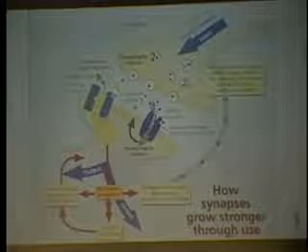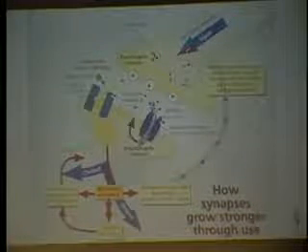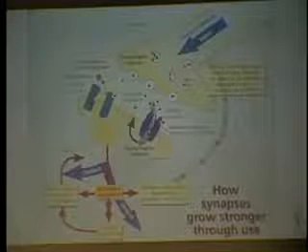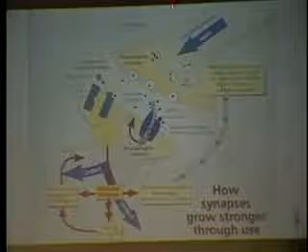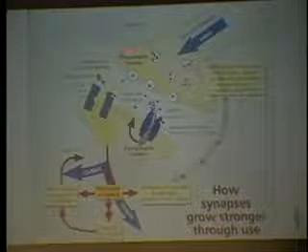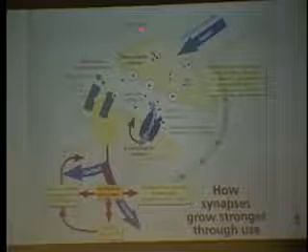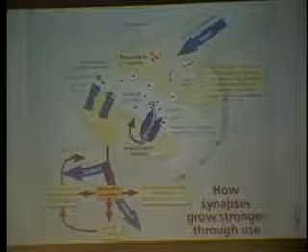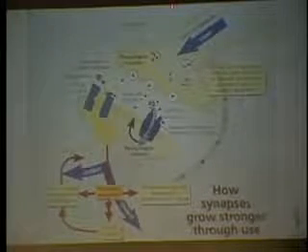And this just shows how synapses grow stronger with use. You have the electrical impulse coming down. Here's your presynaptic terminal. Here are your vesicles filled with transmitter. The calcium will run in. These are glutamate, so that you've heard of glutamate. It's the most common neurotransmitter in your brain. So it's here. You get calcium coming in.